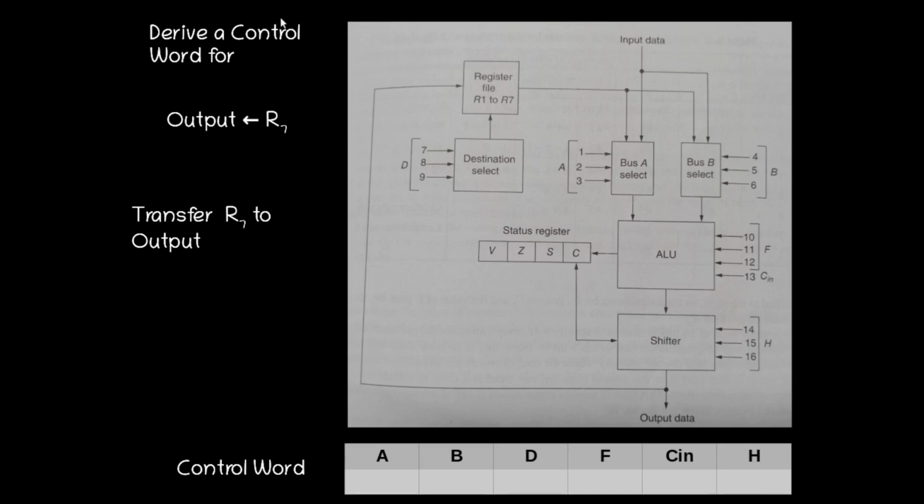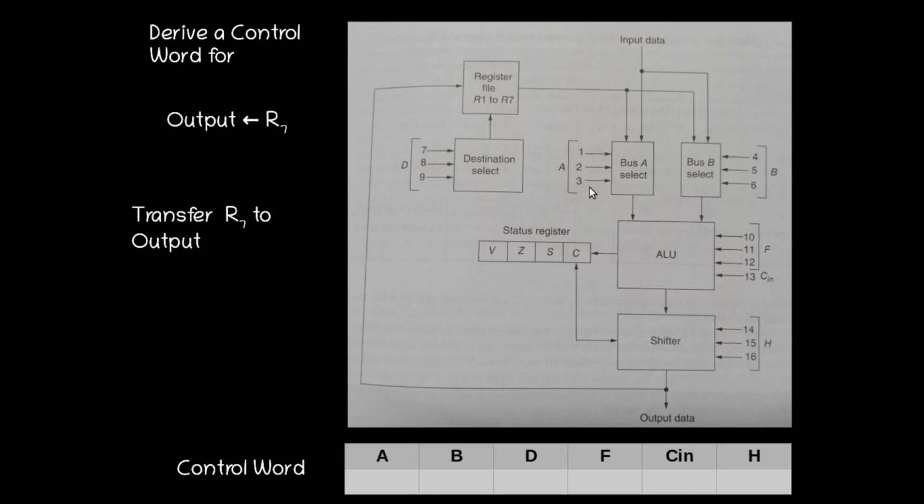And consider another operation. Output gets R7. That means the content of R7 is transferred and given to the output. That is available as output data. Transfer R7 to output. Here the source operand is R7. There is only one source operand involved, so B has no significance here.